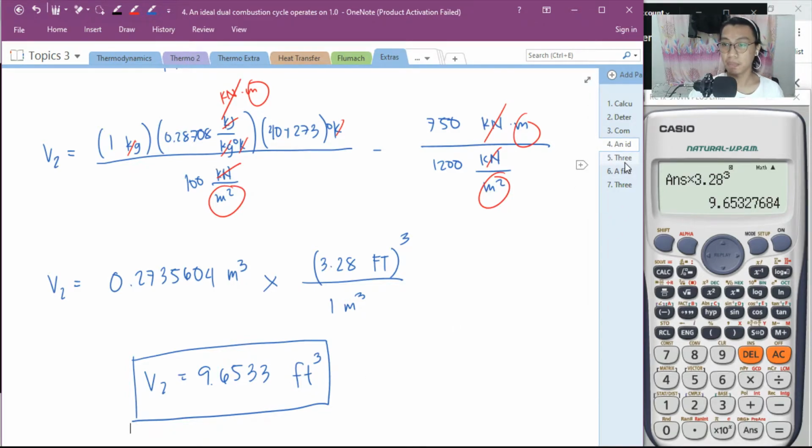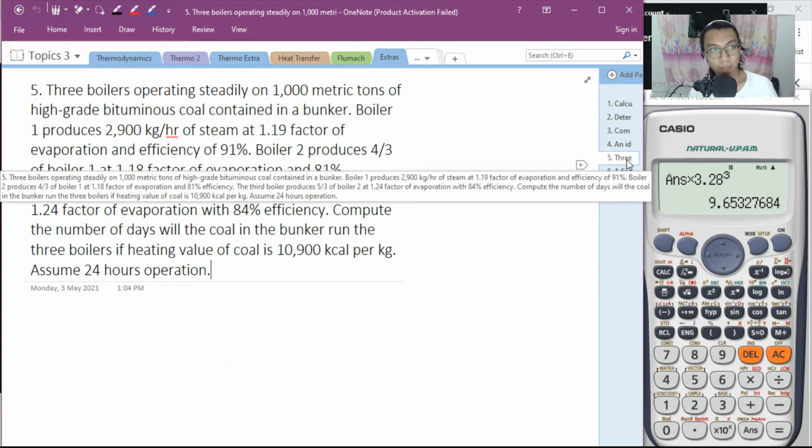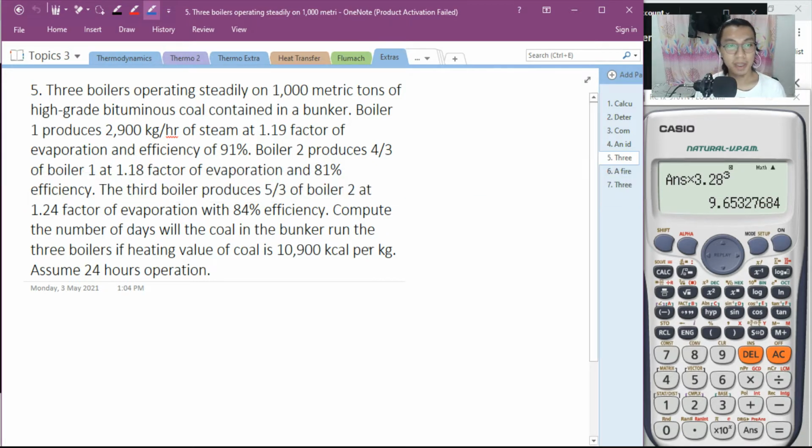How about problem number 5? So, 3 boilers operating steadily on 1,000 metric tons. So, binigyan ka ng 1,000 metric tons of high-grade bituminous coal. So, that is the mass total, contained in a bunker. Okay? Bunker is yung lagakan nila.